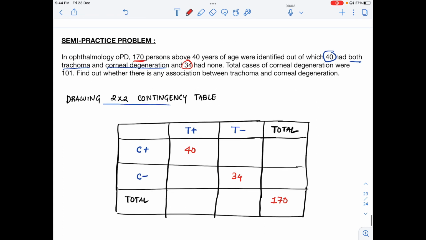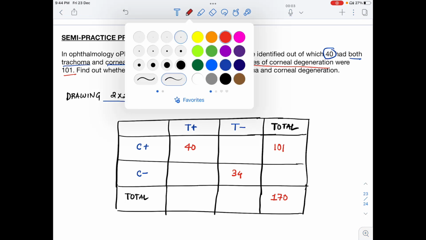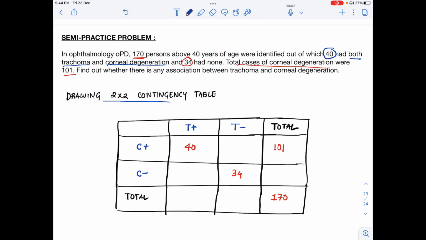Now we are given that total cases of corneal degeneration were 101. So this will be the total cases of corneal degeneration, right? It was 101. The rest we can find out by simple subtractions and additions.